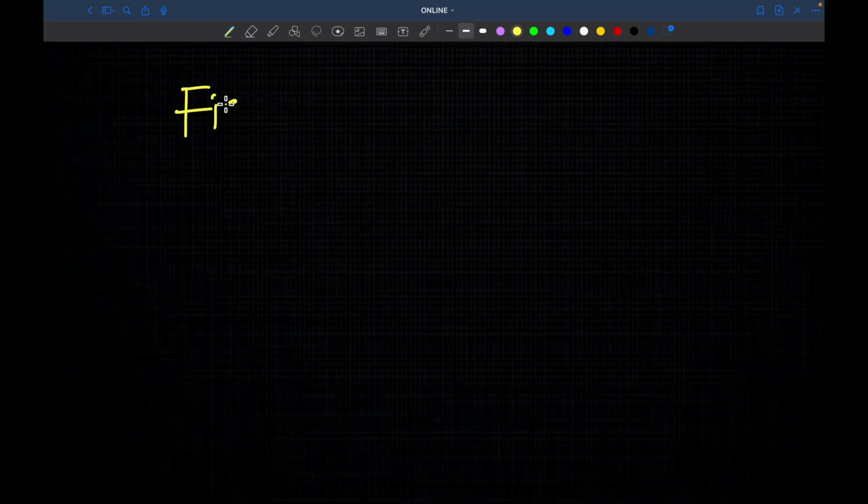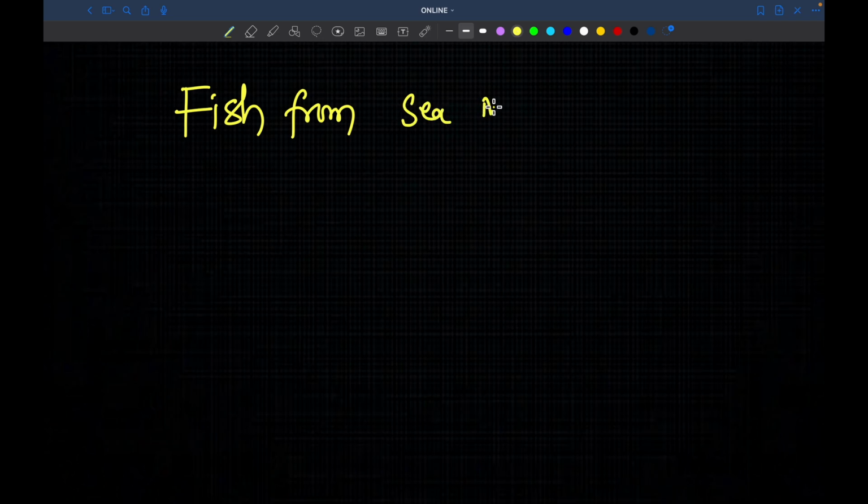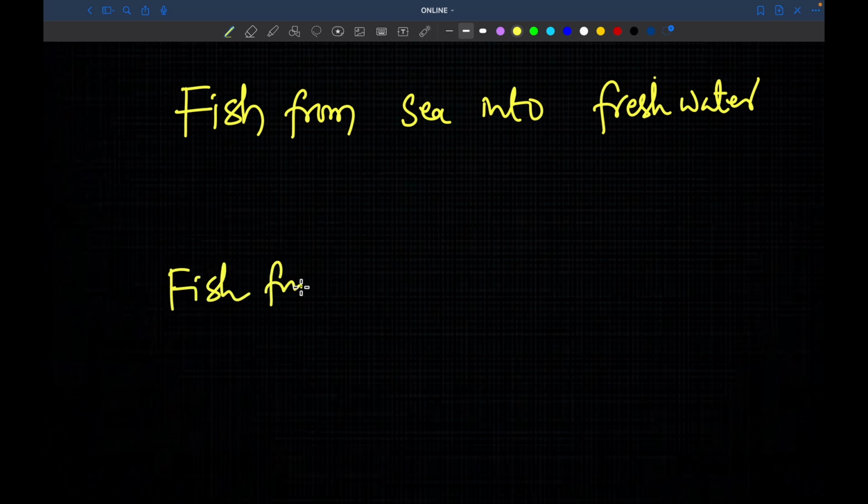If you shift a fish from sea into fresh water, what will happen? Or if you shift a fish from fresh water to saline water, that is marine water, sea water.